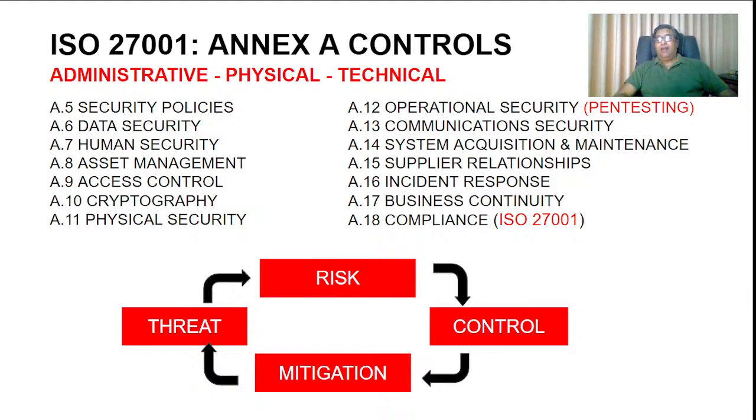That is where ISO 27000 comes in. So you find threats, and you analyze the risk, you calculate the risk, what kind of impact it will have, and what is the likelihood of the impact. And you can prioritize your risks and you apply controls. ISO 27001 gives you so many controls.